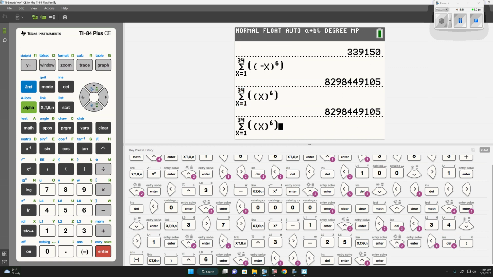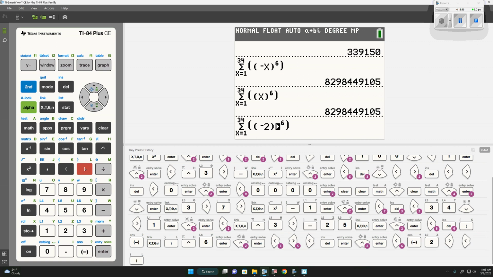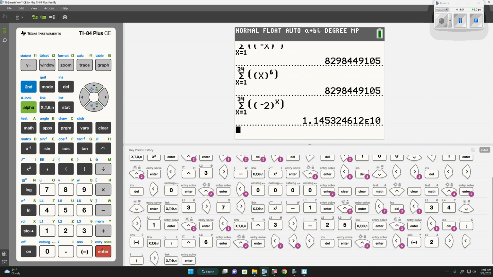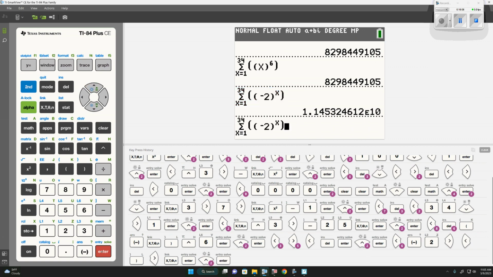Instead of 6, let's say negative 2 in parentheses, and instead of 6, we have x. Let's do something massive, let's go with 14.